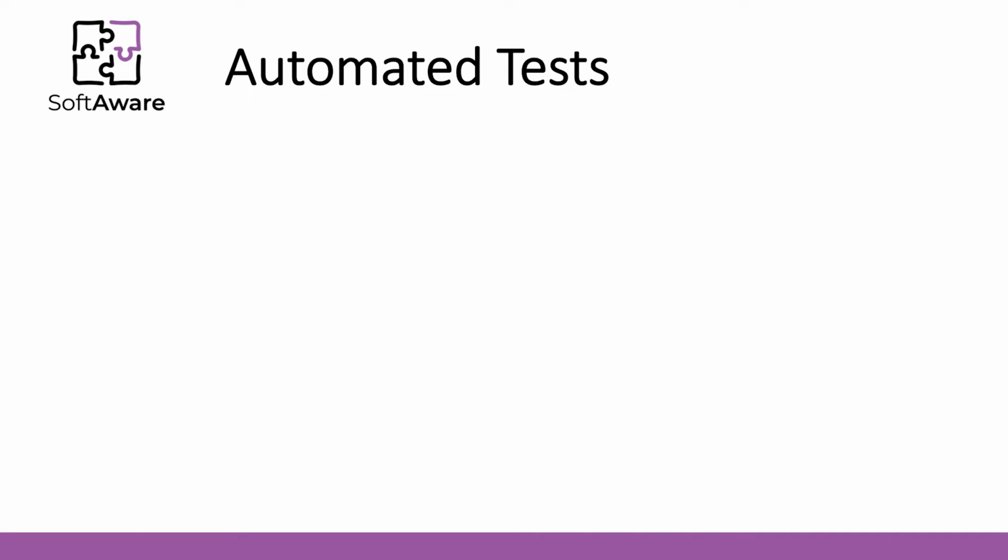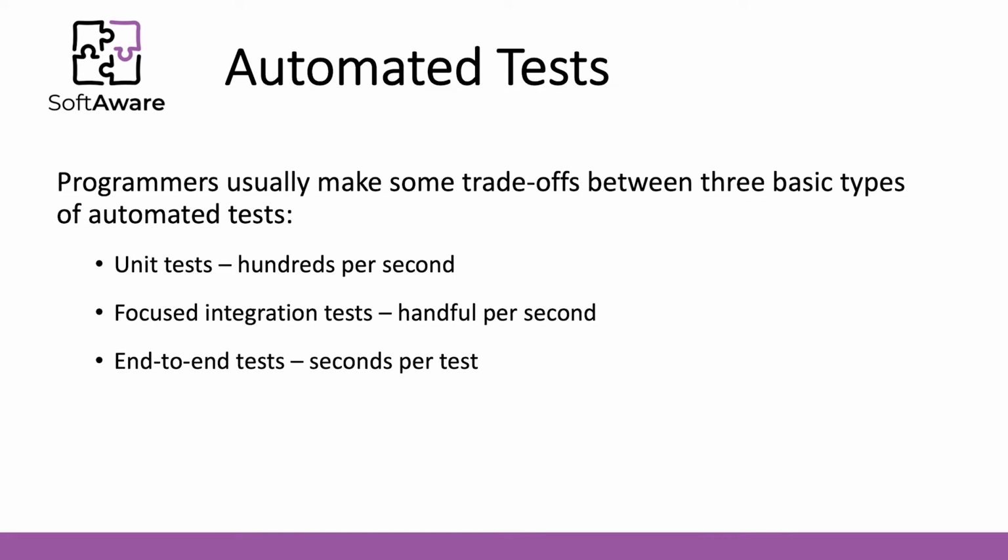This practice leads us to the levels of testing in the development arena. Automated tests are mostly connected to the programmers and can be unit tests, integration tests, or end-to-end tests. While unit tests run in hundreds per second, integration tests are in a handful per second, and end-to-end tests occur in seconds per test.